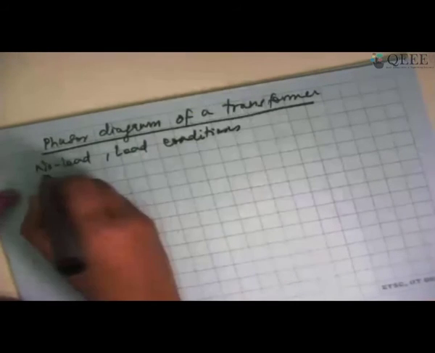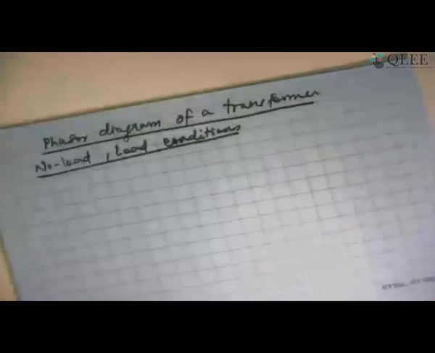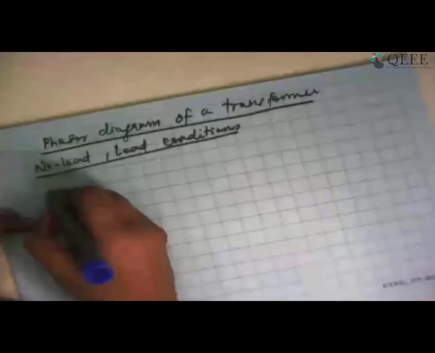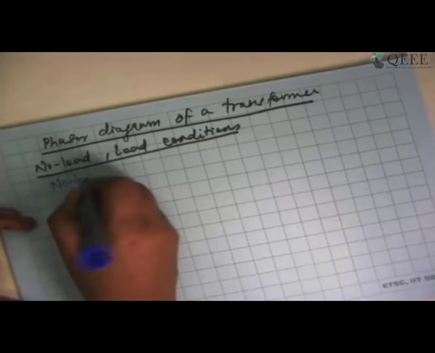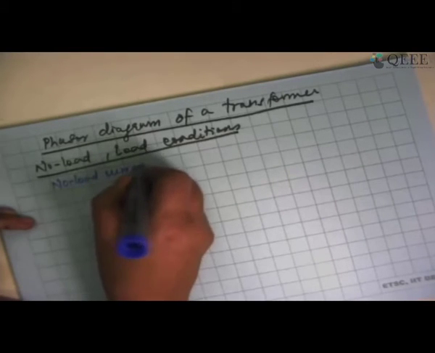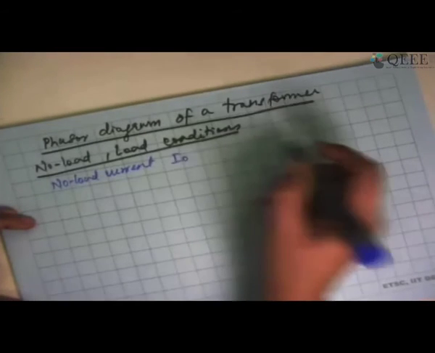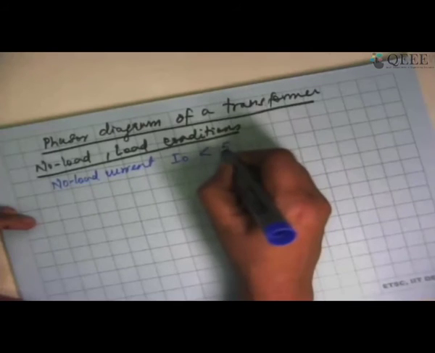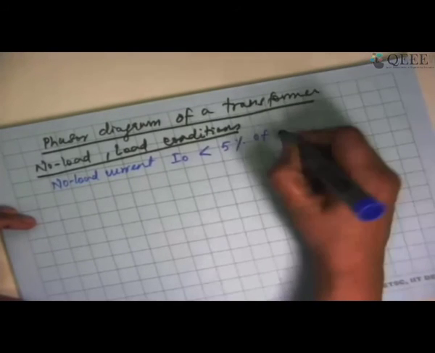Before I start, let me reiterate that the no load current of a transformer, which is I0, is generally less than 5% of rated current.